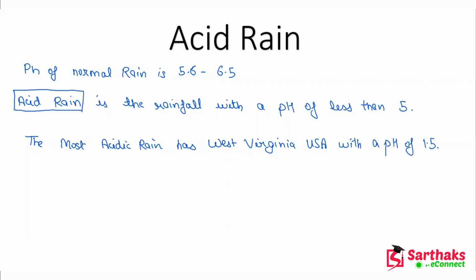So it is that low, with a pH of 1.5. That is the most acidic. The acid is very strong here. So that is known as acid rain.